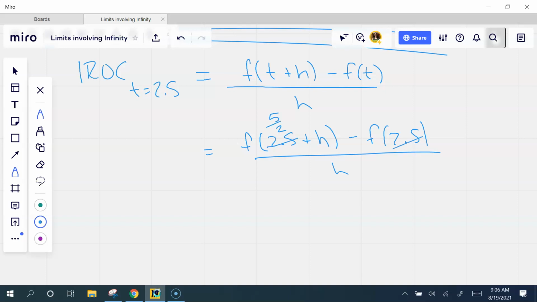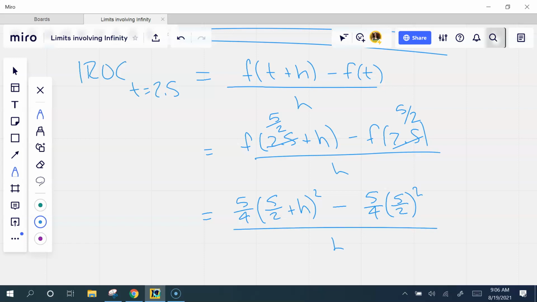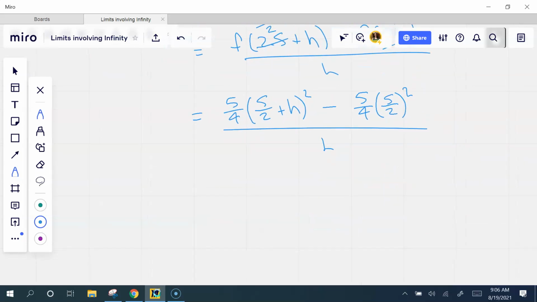I'm going to change it to a fraction because I prefer a fraction, but if you prefer to leave it as a decimal, this is grody.